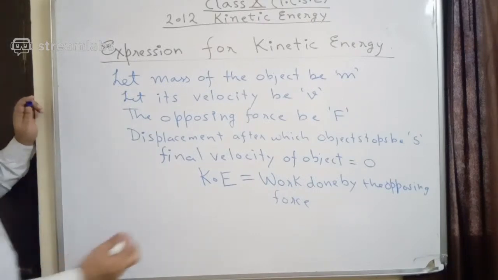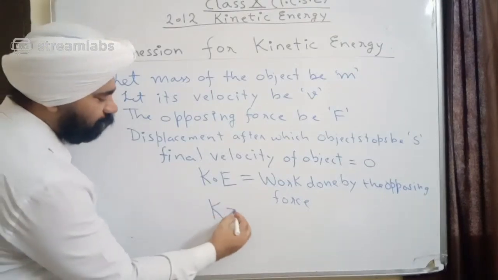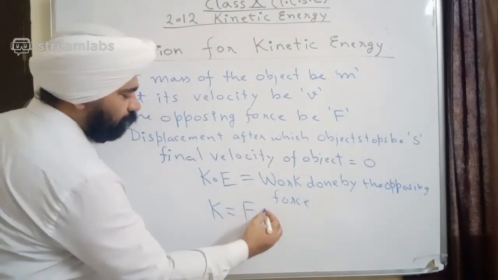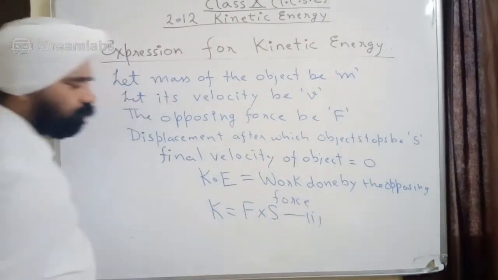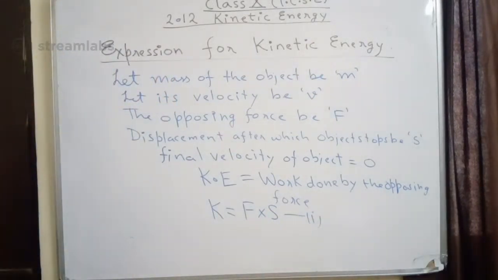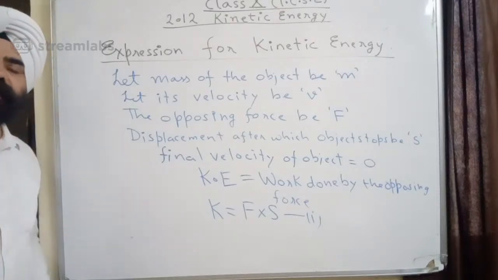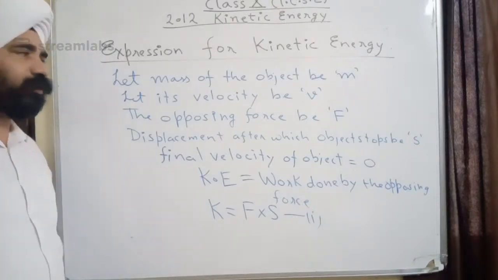So we know that work done is equal to force into displacement. This is our first equation. Got it? Everybody understood till here? The work done is equal to force into displacement.